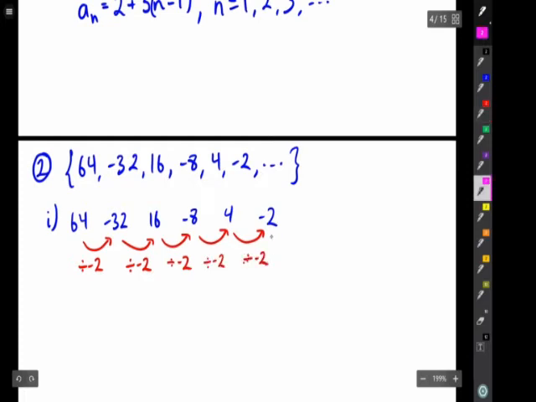So it should make sense that for the next 2, I just keep dividing by negative 2. If I divide negative 2 by negative 2, I get 1. If I divide 1 by negative 2, I get negative 1/2. So these are the next 2.